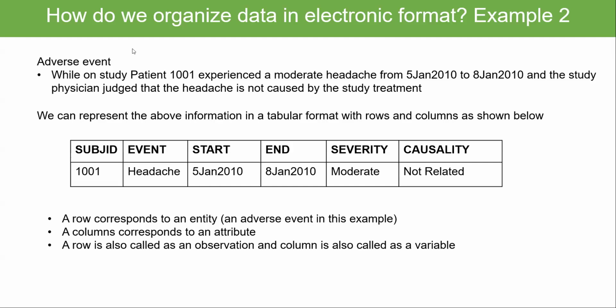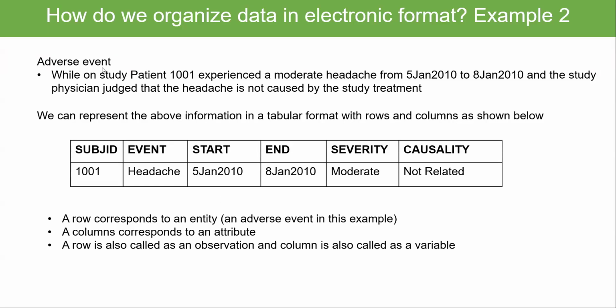So this is the textual description of an adverse effect or side effect seen by the participant in a clinical trial. We will not be able to perform any analysis or see trends or patterns if we have the data collected in textual format. So for that purpose, what do we do? We convert that into a tabular format with rows representing entities and columns representing variables or attributes.